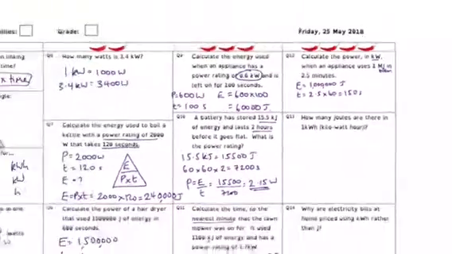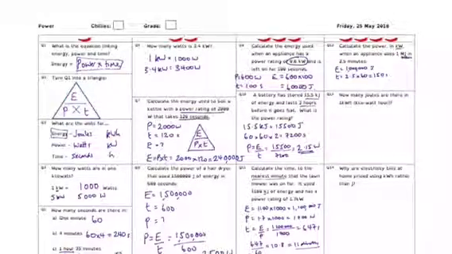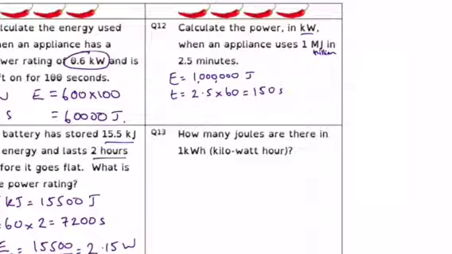We want the power, so again we can look at our equation. So power is energy divided by time. So 1 million divided by 150 gives us 6,666.7 watts.